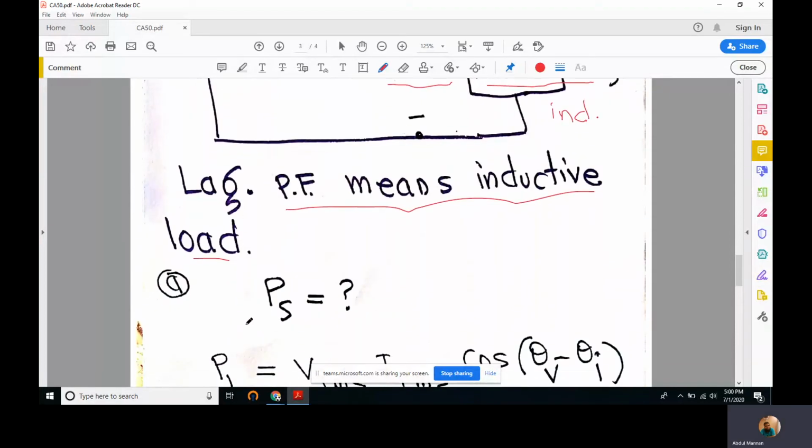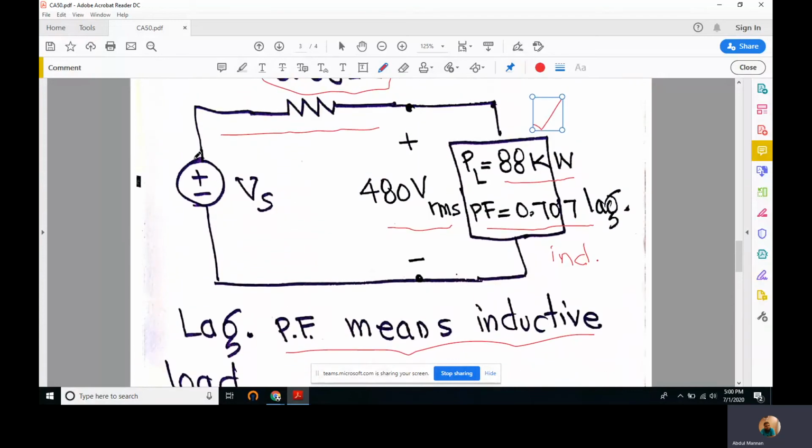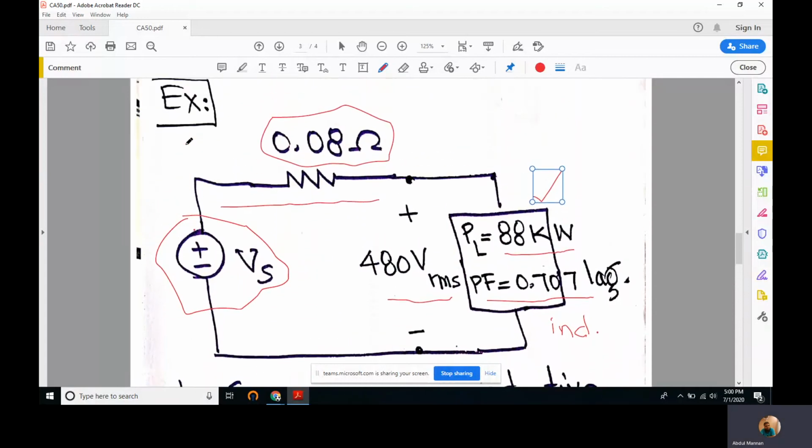We are required to find the power supplied by the source. There is only one source in the circuit, this source. We know that the power absorbed in the load plus the power absorbed in the line resistance, if we add these two power values, is equal to the power supplied by this source.